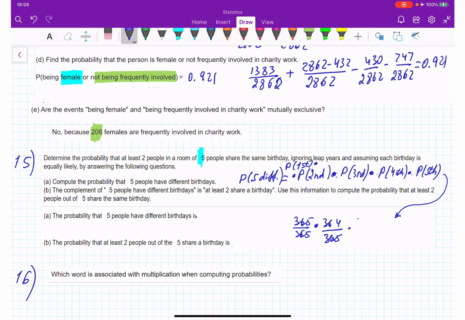Third one is going to have 363 out of 365. And then 362, because if days are taken, then there will be fewer left, right? Because they said it cannot be repeated. Then 361 out of 365. And if you multiply, if you solve it, it's going to be 0.973.